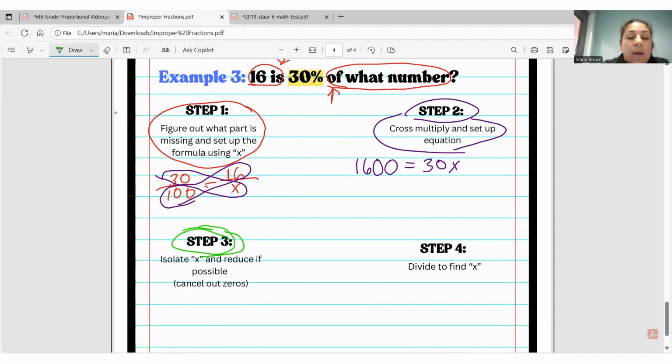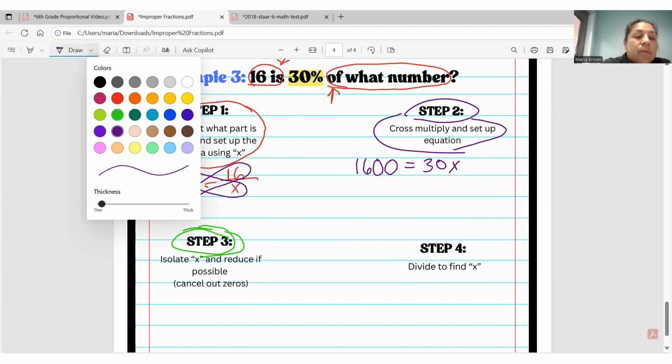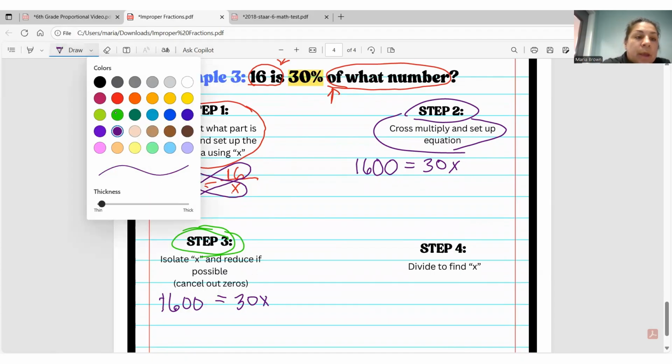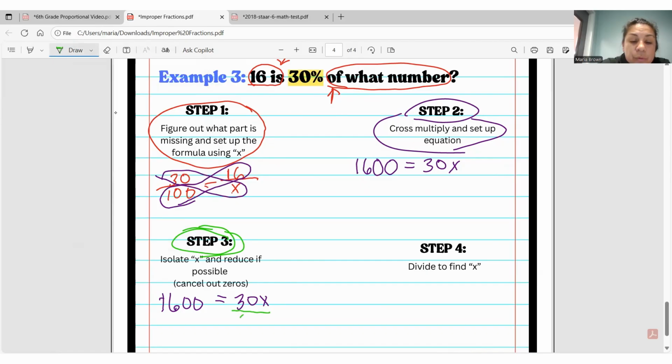How do we do that? We do that by doing the opposite, which is to divide. Okay, so here we go. I'm going to write 1600 equals 30x. Okay, and then I'm going to divide.